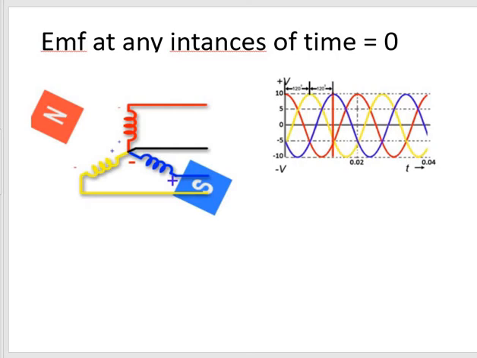The induced EMF of all these coils represent the three phases, and the time displacement between one and another is taken into consideration.